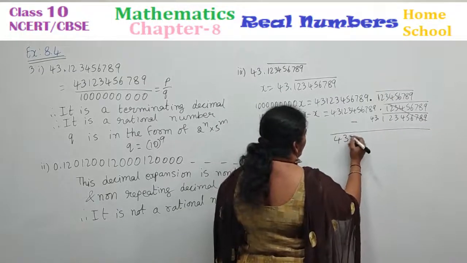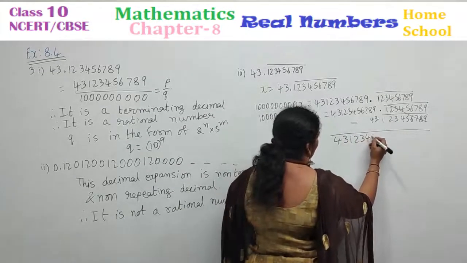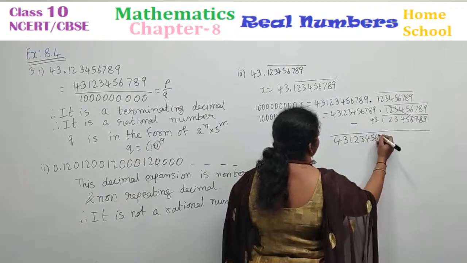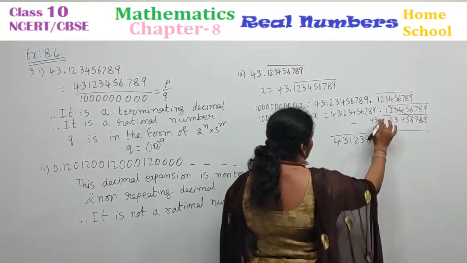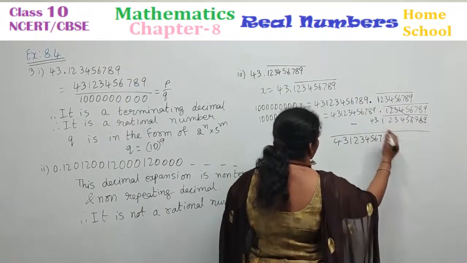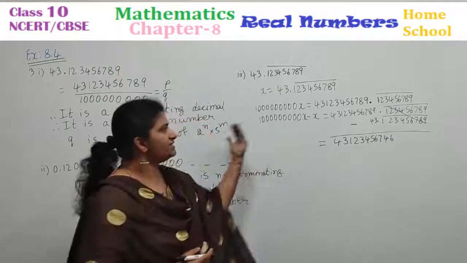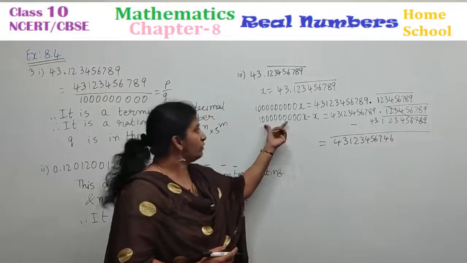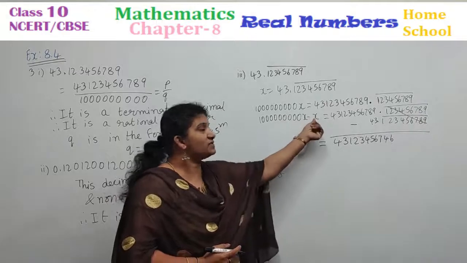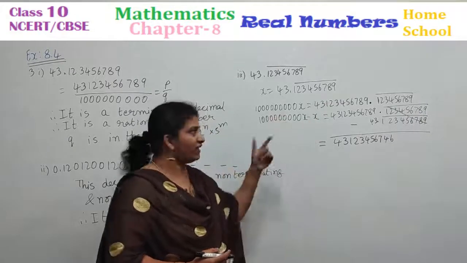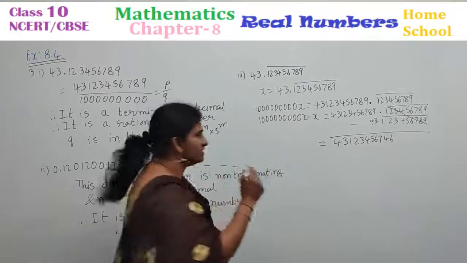4, 3, 1, 2, 3, 4, 5, 6, 7. When you are subtracting, 9 minus 3 will be 6. 8 minus 4 will be 4. Is equal to, on the left hand side, what you have. So you need to subtract 1X. If you subtract 1, what happens here?